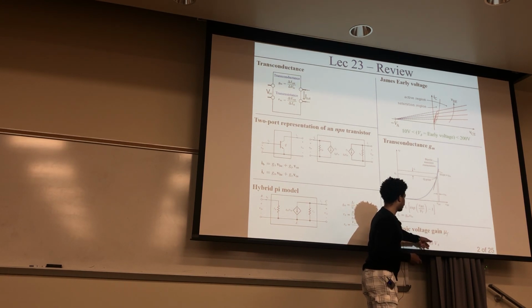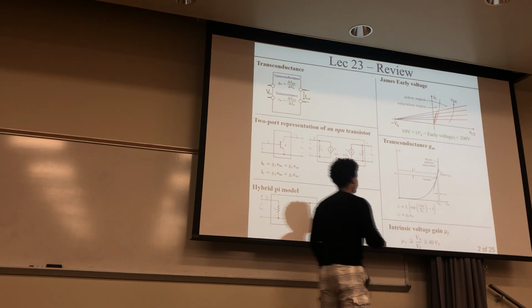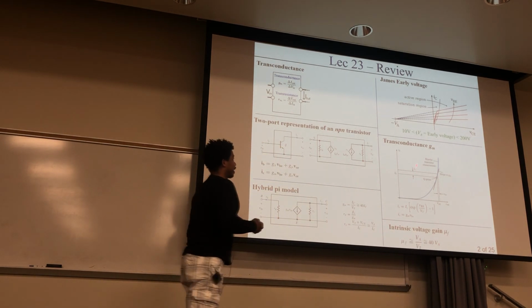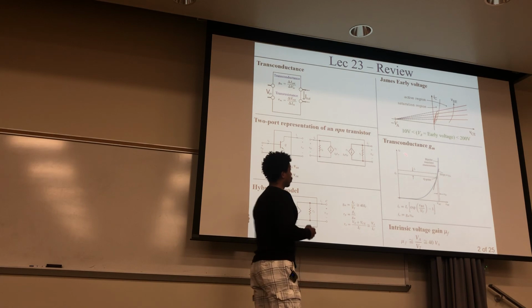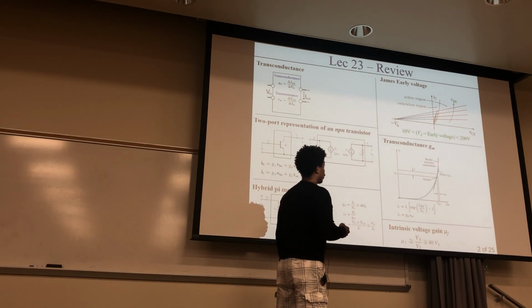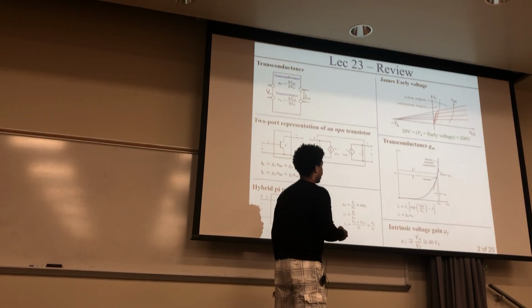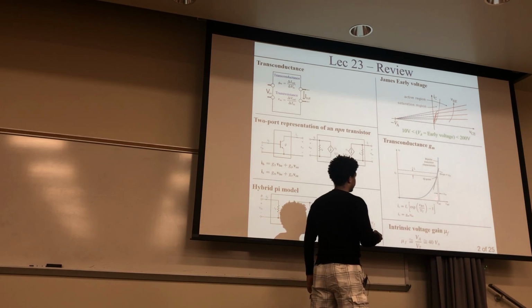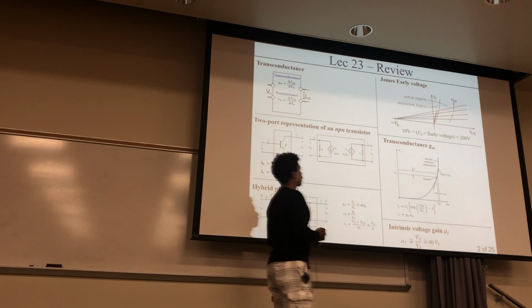So that's why the 40 is right there, 40 times your Early voltage. And this was a graphical representation of what the transconductance looks like. The transconductance of a transistor right here is gm, that's the slope right here. And this vb is the small signal variation about that Q point right there.